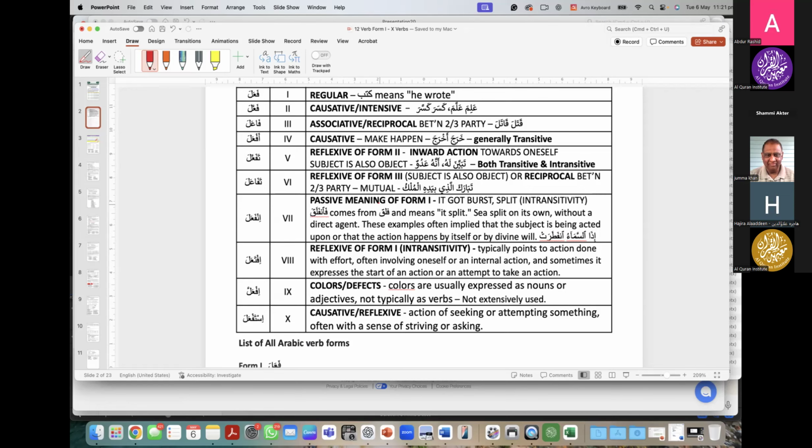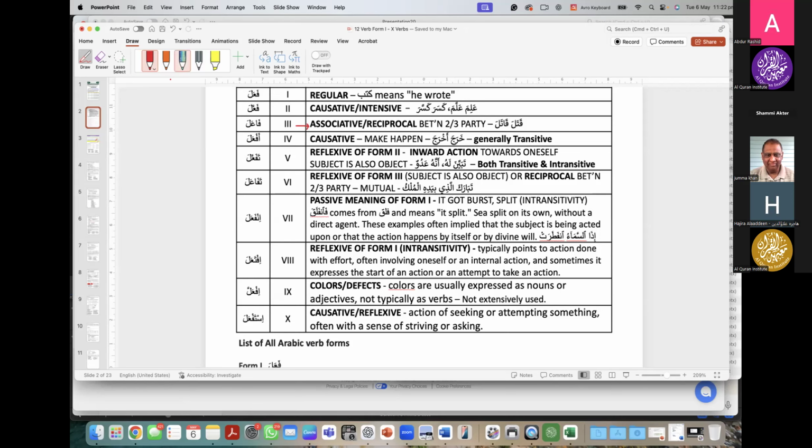10, causation, reflexive, both. Okay? Generally, this reflexive thing will be important for you to understand very, very well. Number 3, can you see associative? You understand what I said before: it means there will be another party associated. Okay? Reciprocal, one with another, between 2, 3 parties.